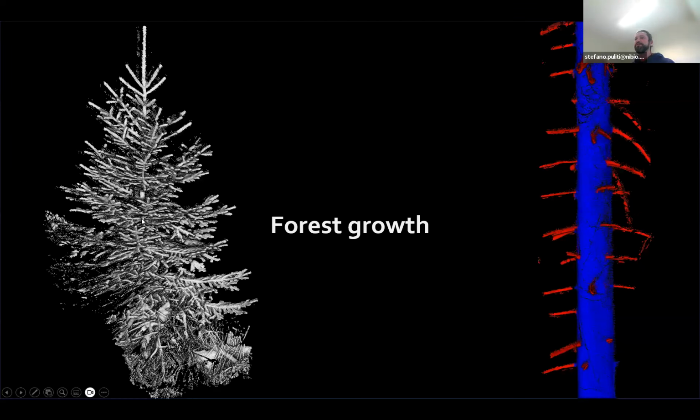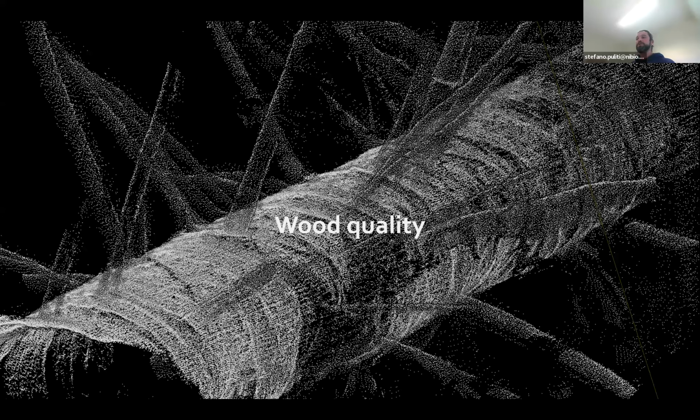So we can monitor how different trees grow, and different climatic aspects that affect the growth, or micro habitat aspects that modify growth. It can tell us about wood quality, which is something that our industrial partners are very interested in.